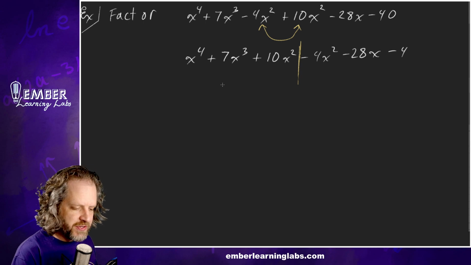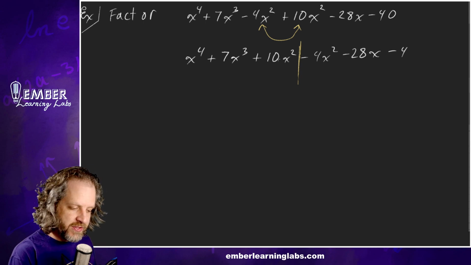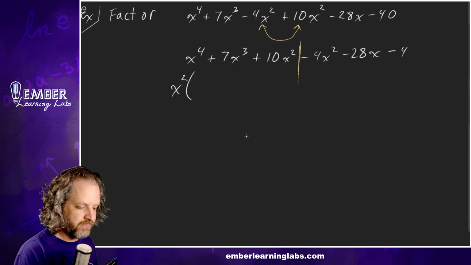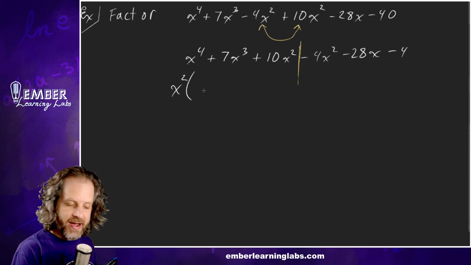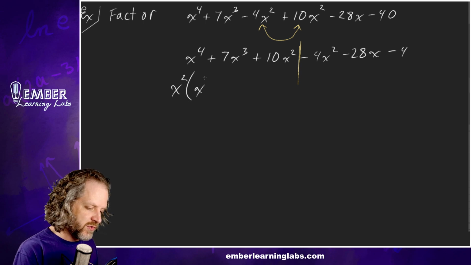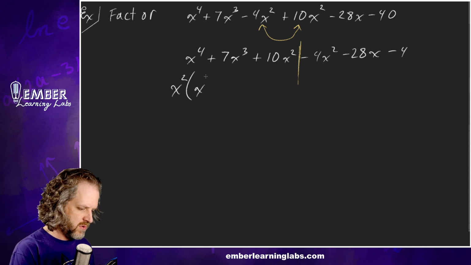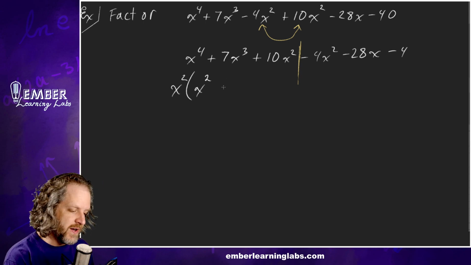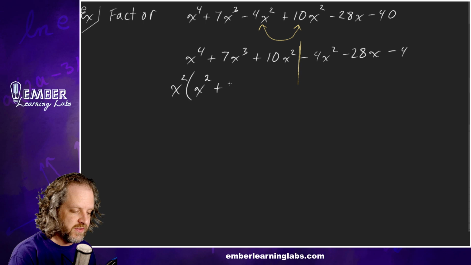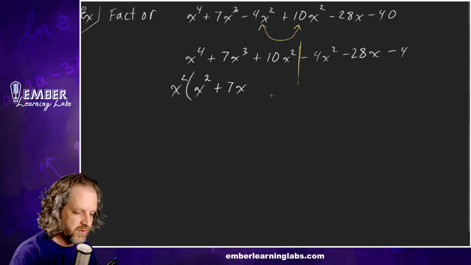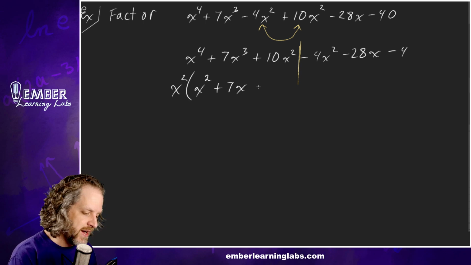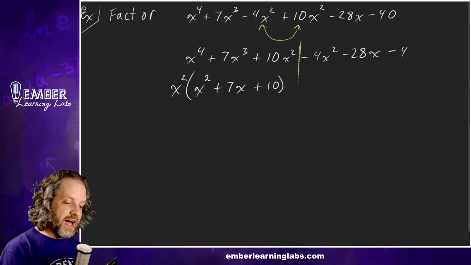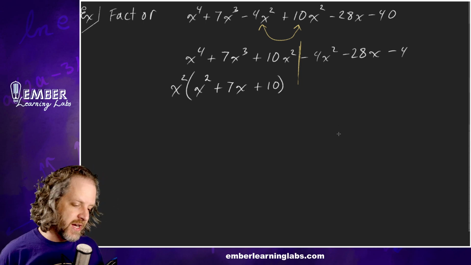In the first half, what's in common between these three things is an x squared. So I'm going to pull an x squared term out. X to the fourth divided by x squared is x squared. 7x cubed divided by x squared is 7x. 10x squared divided by x squared is 10. Now this one, I know that I want my signs to match.